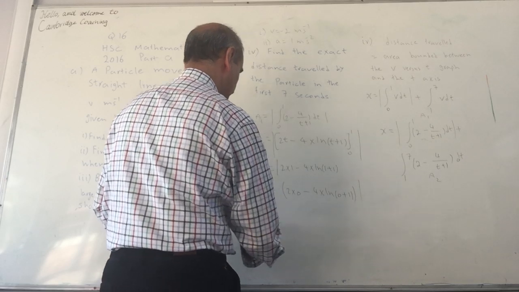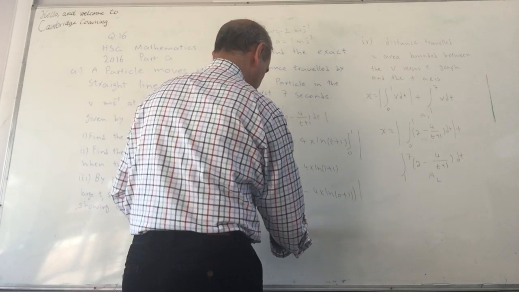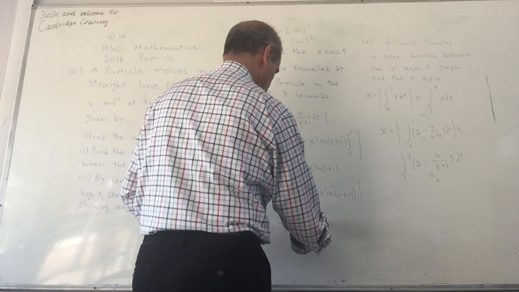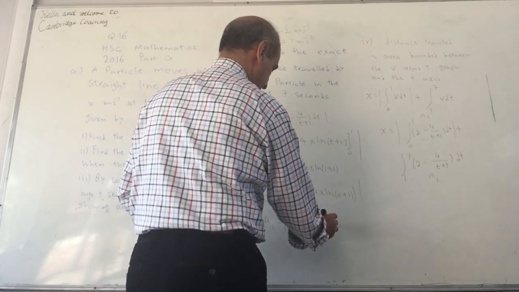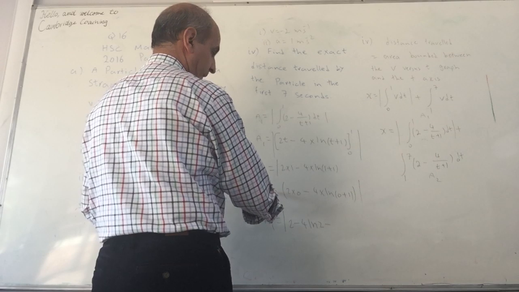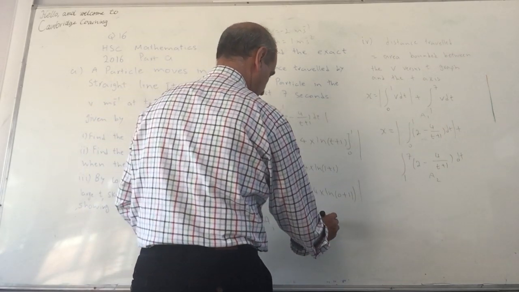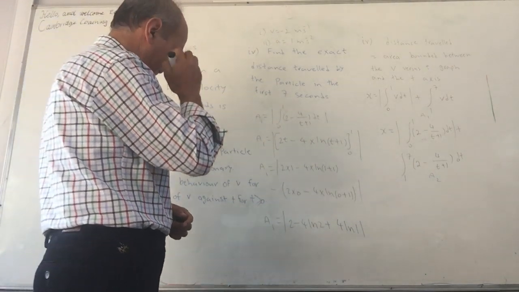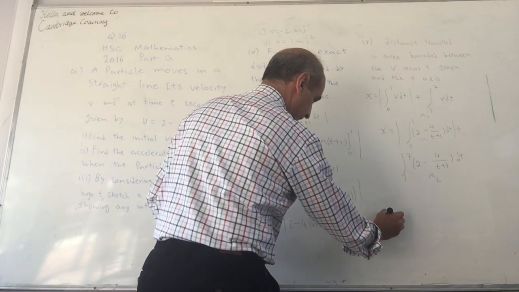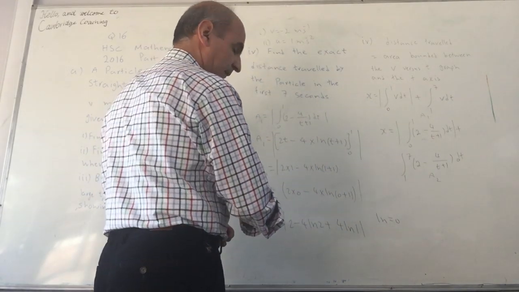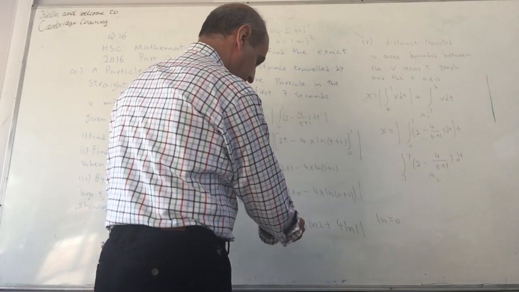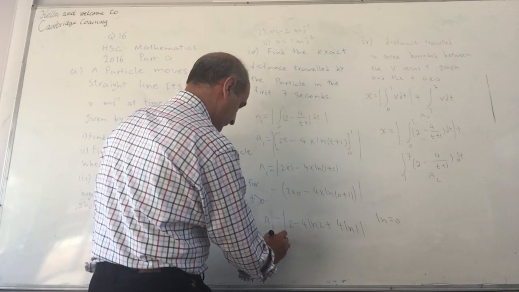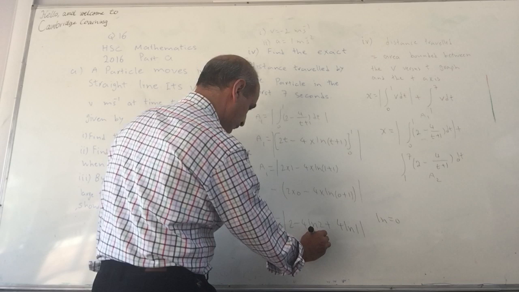So A1 becomes 2 minus 4 ln 2, then minus 0, and minus minus becomes plus, so plus 4 ln 1. But remember that ln 1 is 0. That gives me the absolute value of 2 minus 4 ln 2.